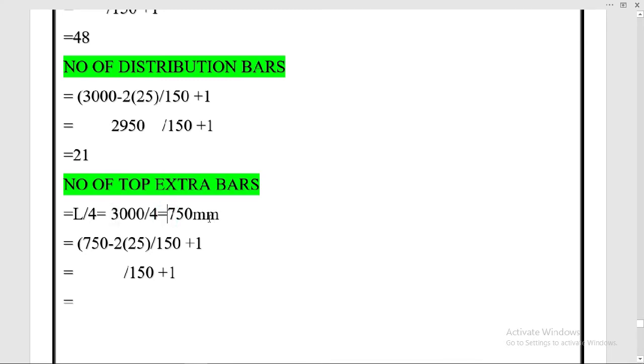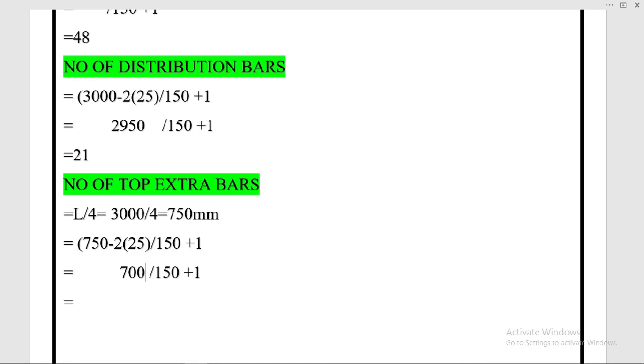Then to calculate the number of bars, we have the same formula for the top extra bar. Total length minus 2 clear cover, which is 2 into 25, and divided by the spacing. Spacing is the same for the top extra bar, 150 millimeter, plus 1. Let me calculate it now. 750 minus 50 will be 700.